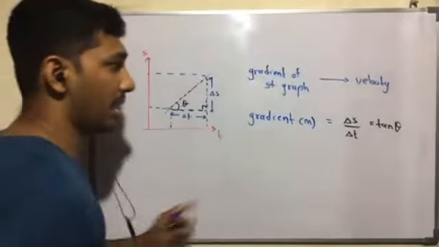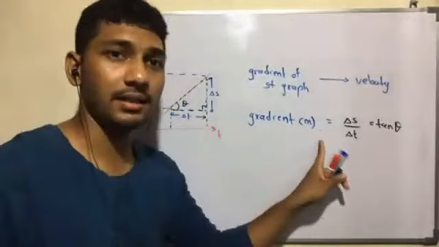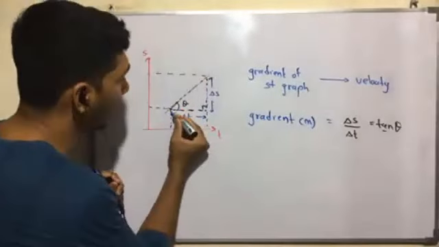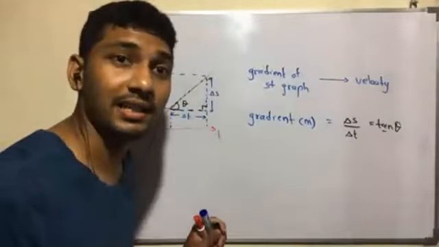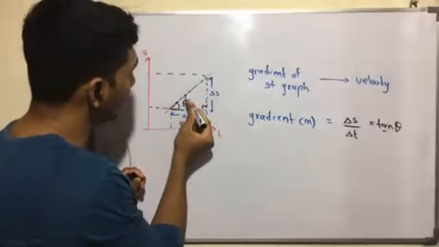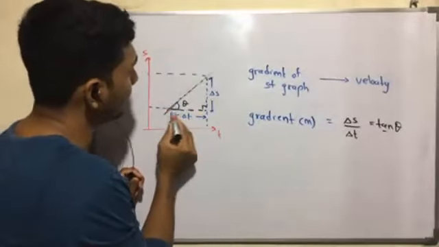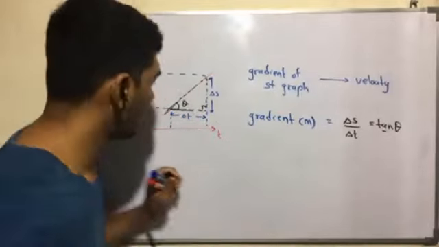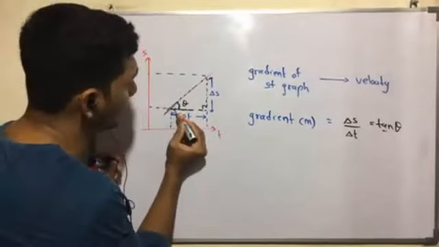So actually, what is gradient? Gradient is the tan value of this angle. What angle? The angle that this graph makes with the horizontal.